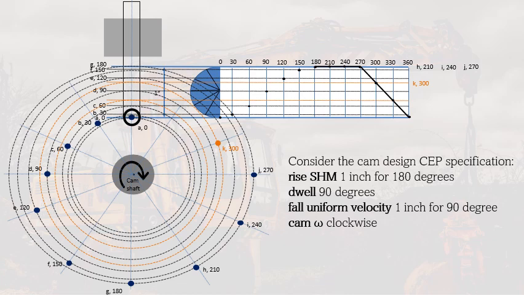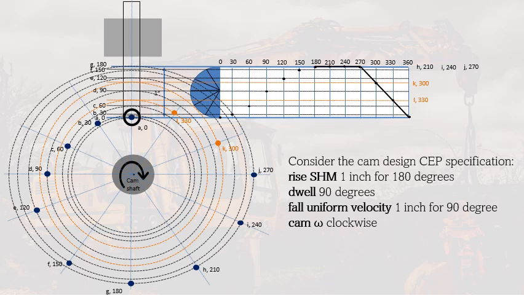So after that, since the trace points of the roller follower are not the same as the cam profile, the reason for that is because it is not the center that would touch the cam, but it is the bottom part.